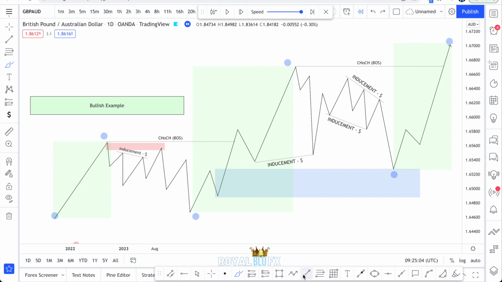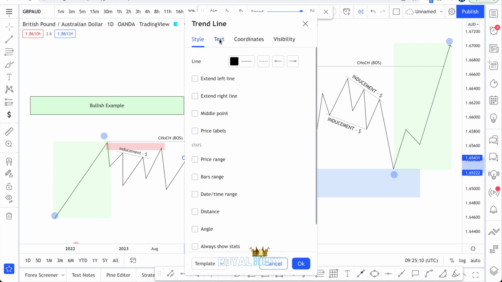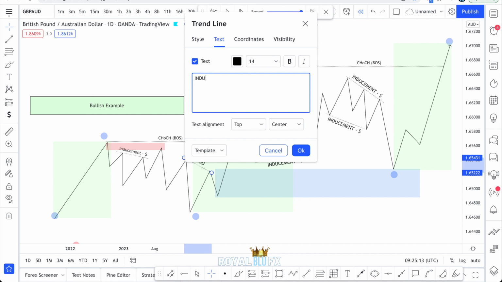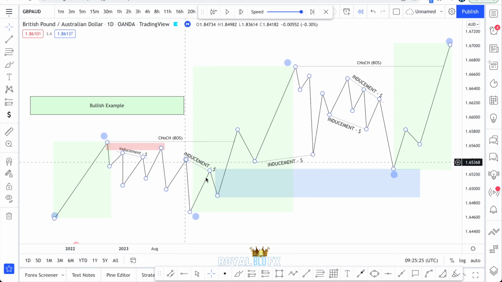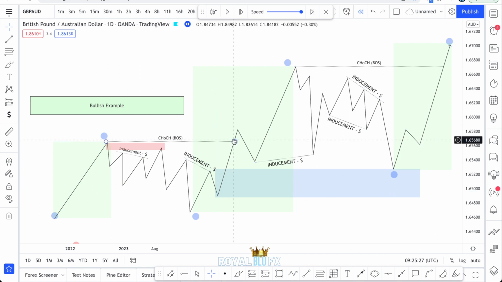You can also see it here too, which I didn't specify here, but this is also inducement as well. Right here, these are slight double tops. Okay, you can see another top, a second top, and people try to sell. This is inducement in the markets.